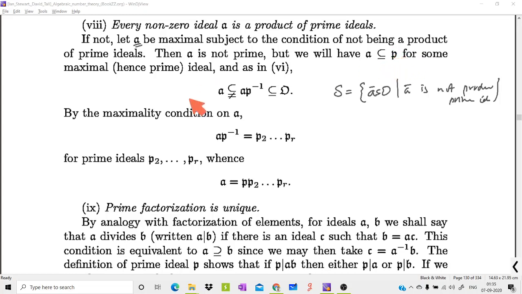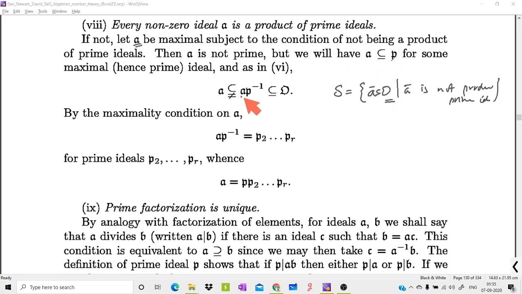So using the result, A is properly contained in AP inverse, which is contained in O. Now we have AP inverse equal to P2, P3, etc. PR, because A is contained in P and A is the maximal element.